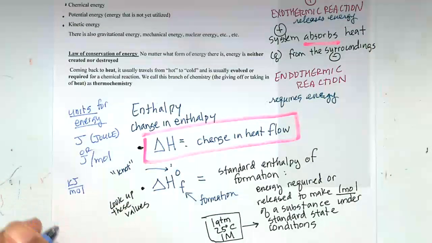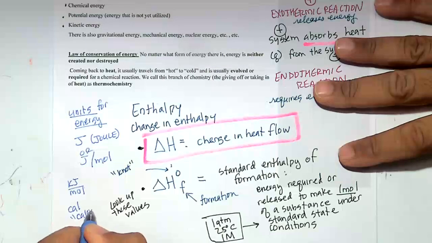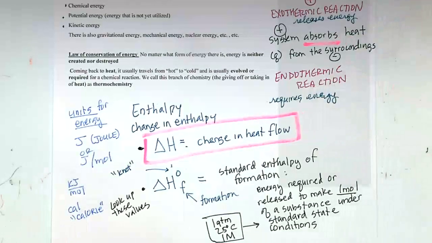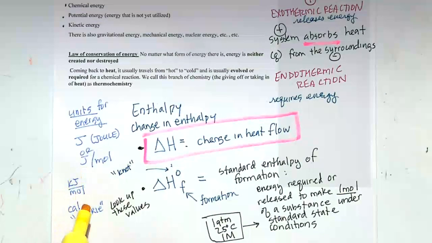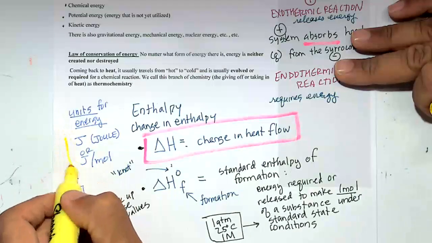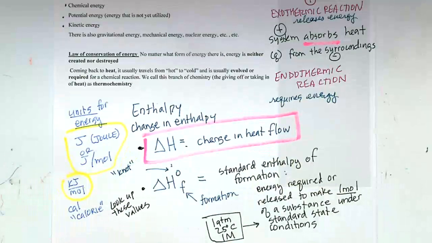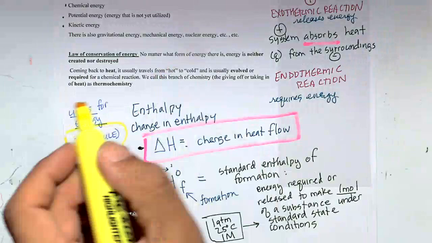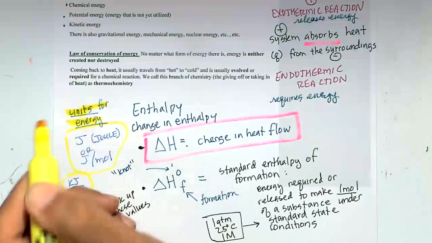They can also be kilojoules per mole. Sometimes we see calorie, which you may have heard of, but in this class, I'm going to go with joules or joules per mole. I'll give you the conversion from calorie to joules, joules to calorie. These are the units that we want to accustom ourselves to speaking when we're talking about energy.